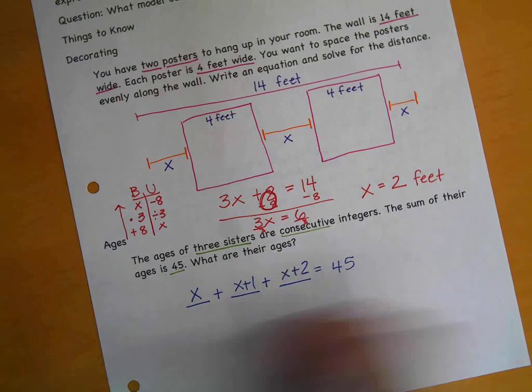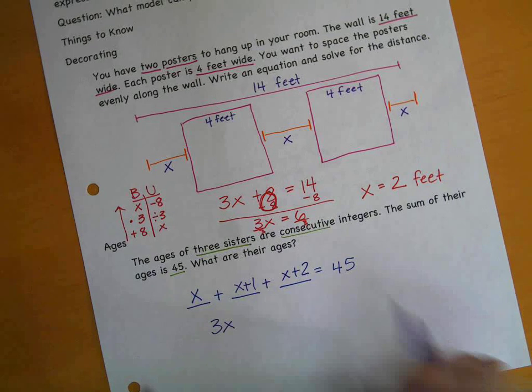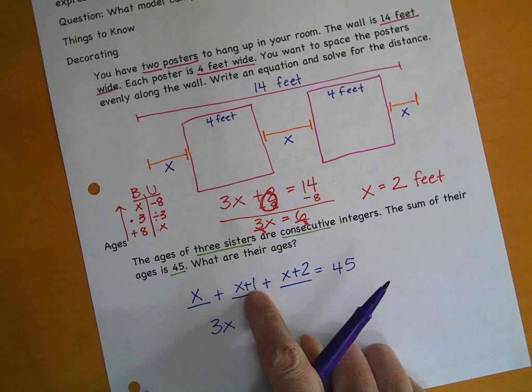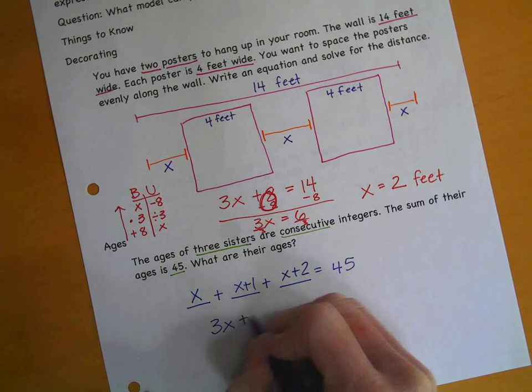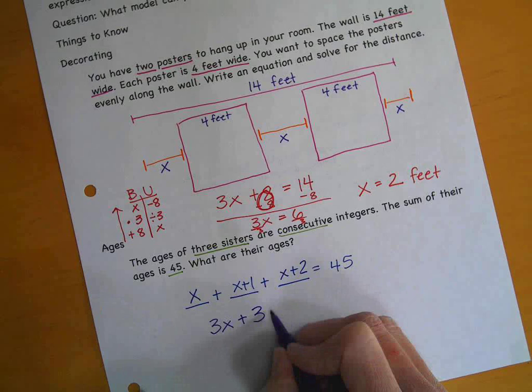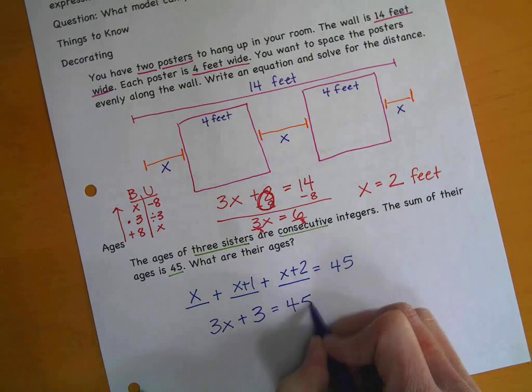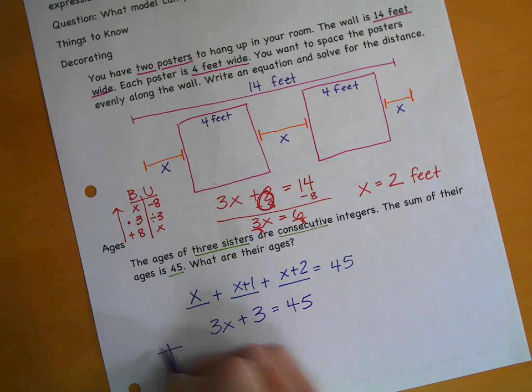So now, let's combine our like terms. So I see 1, 2, 3 x's, and then I see a 1 here, and I see 2 here. So 1 and 2 actually makes 3. So now I have 3x plus 3 equals 45. And now I know how to solve this with the BU chart.